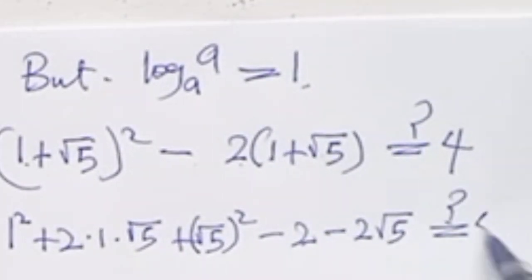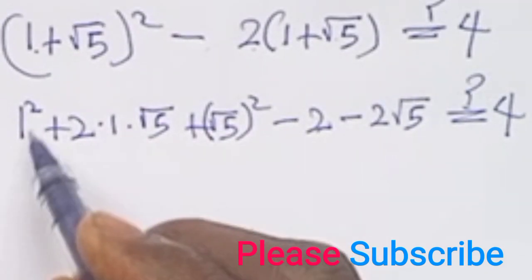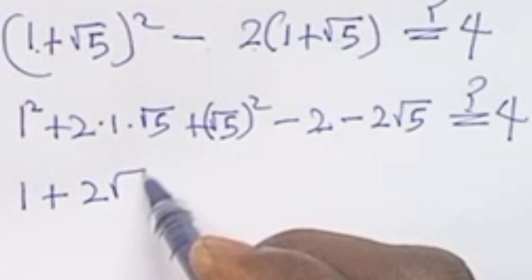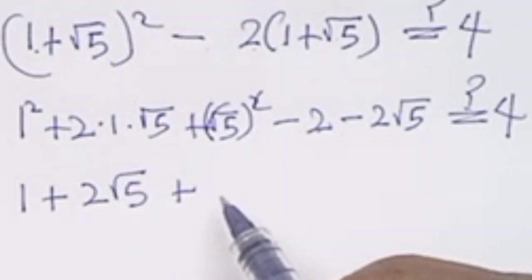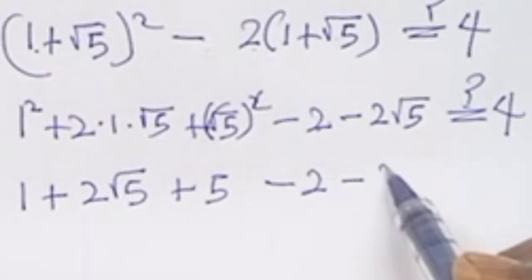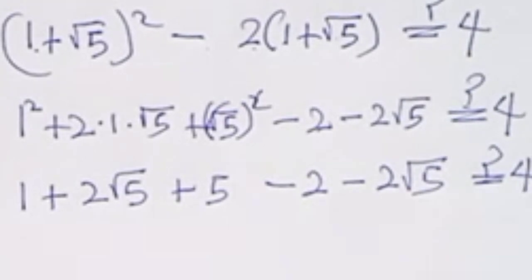It is actually equal to 4. So if you simplify further, you have 1 squared to be 1 plus 2 root 5 plus here the square root will cancel off the square to be left with 5, minus 2 minus 2 root 5. Can we consider this to be equal to 4?